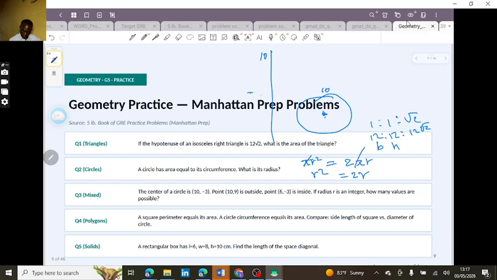Here is 9, and that point is outside the circle.